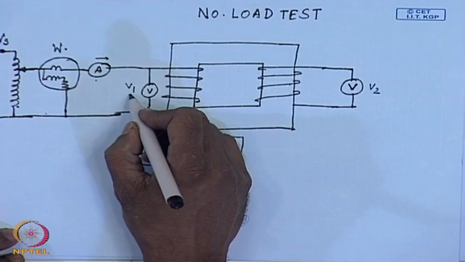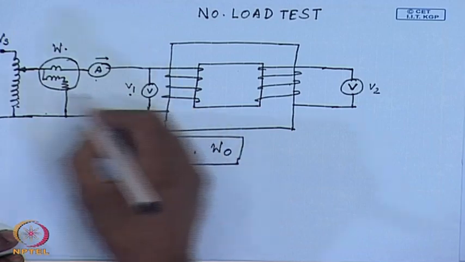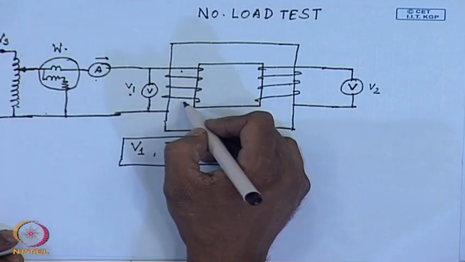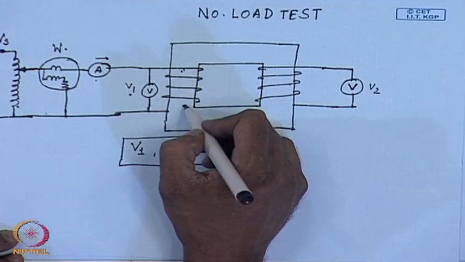However, there are some practical limitations. For example, this test is to be performed by applying rated voltage of the side, that is, V1 should read the rated voltage of the transformer on this side.